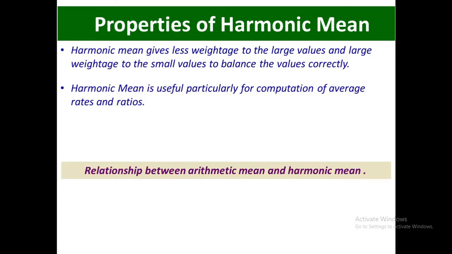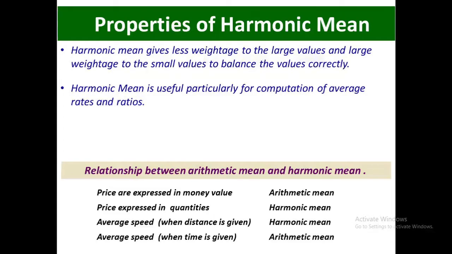There is a great relationship between arithmetic mean and harmonic mean. We can understand this concept with this example. If the prices are expressed in money values, the arithmetic mean will be appropriate to calculate, whereas if the price is expressed in its quantities, one should calculate the harmonic mean.